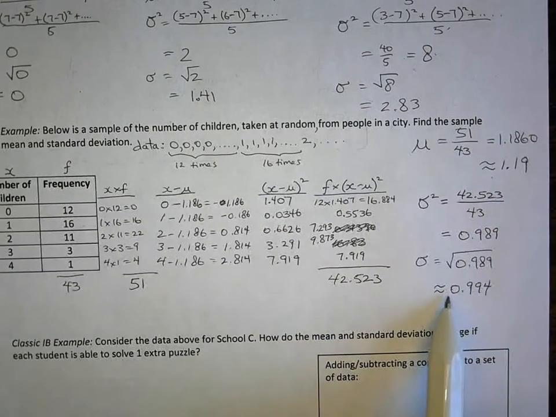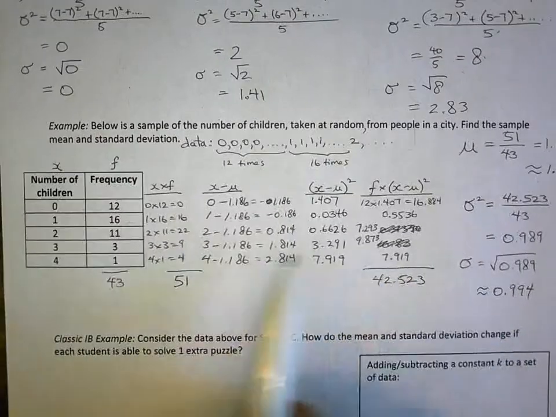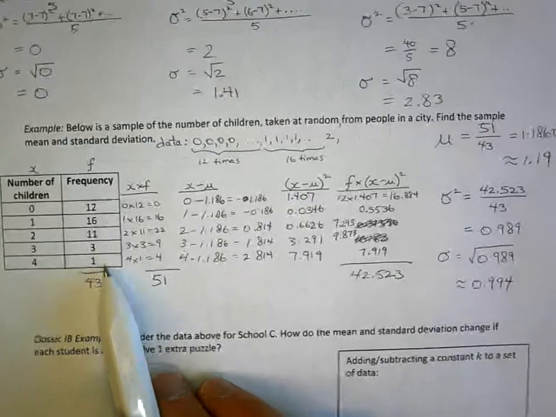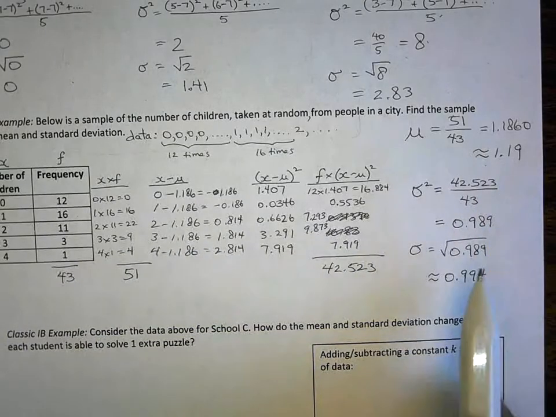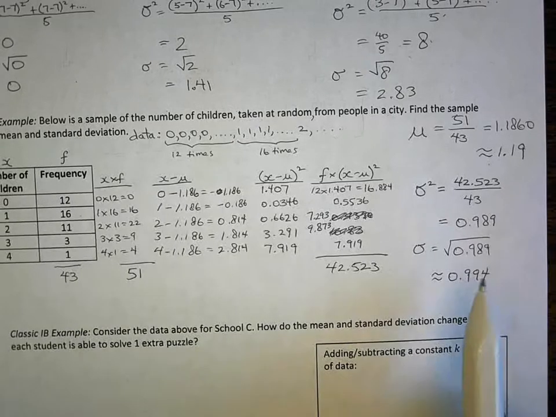And the standard deviation, the spread of the data, is plus or minus one child basically. It's 0.994 children. So if you went to another city and did the same survey, you might have a slightly different average, or a slightly different standard deviation, telling you that the data is more spread out.